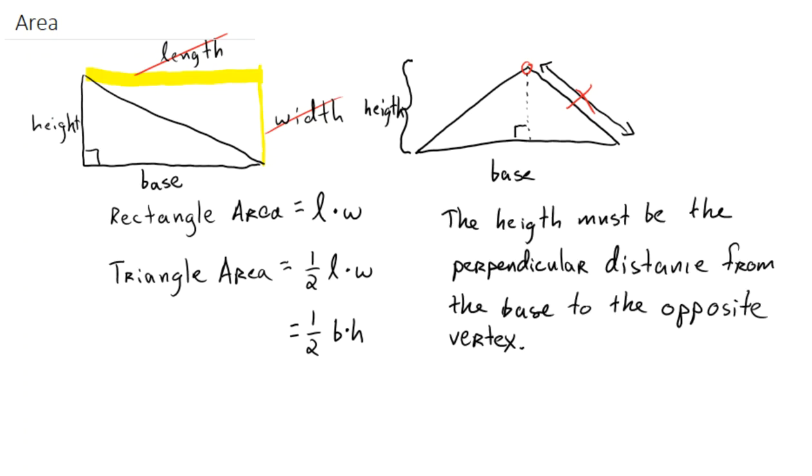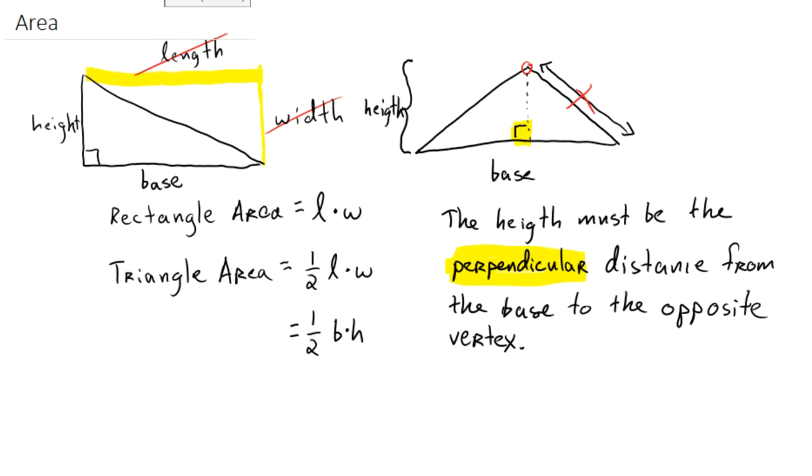So again, the height must be the perpendicular, that's an important word, distance from the base to the opposite vertex. And by perpendicular we mean that it has to make a right angle or 90-degree angle with the base.